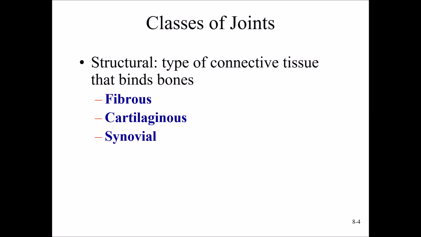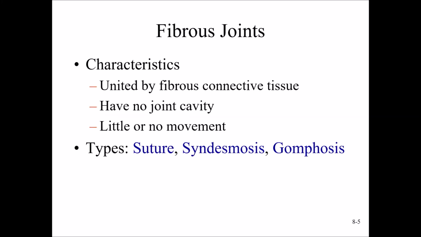It is a structural example, but its structure is all different from the fibrous and cartilaginous. So let's look at the first two first, and then we'll continue on to synovial. So fibrous joints. We're talking about fibrous connective tissue holding these joints together. These are a little more structurally supported types of joints, fibrous connective tissue.